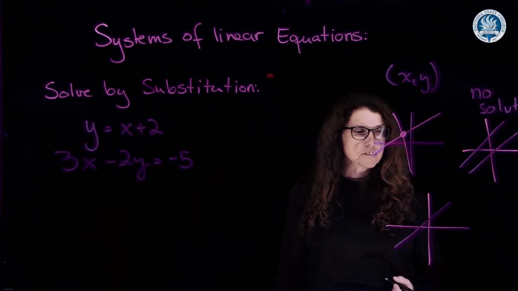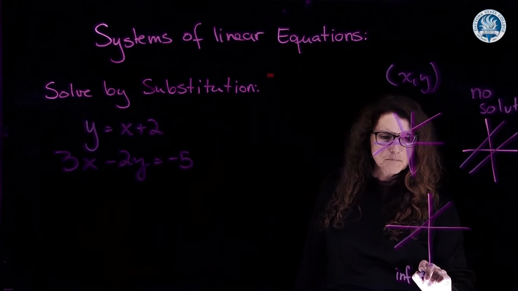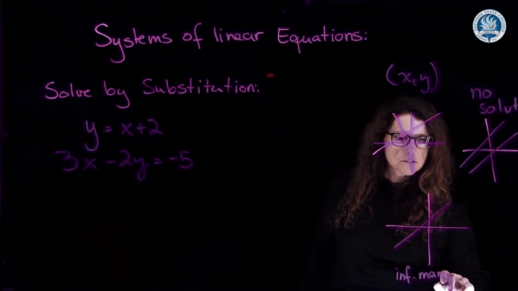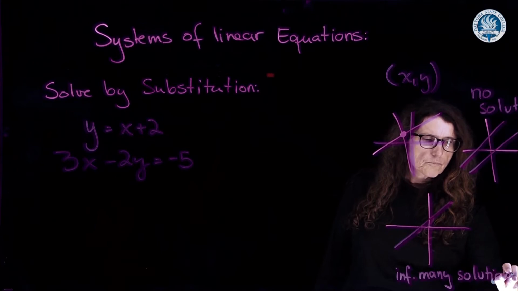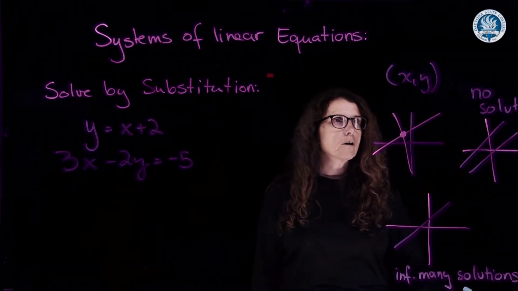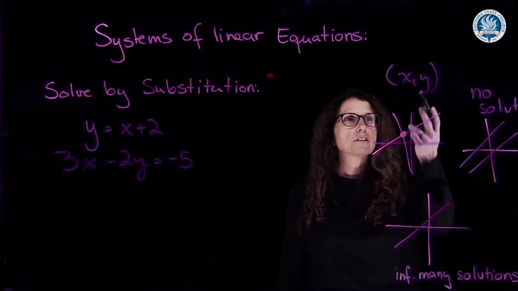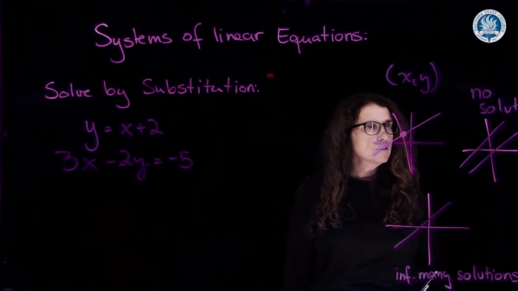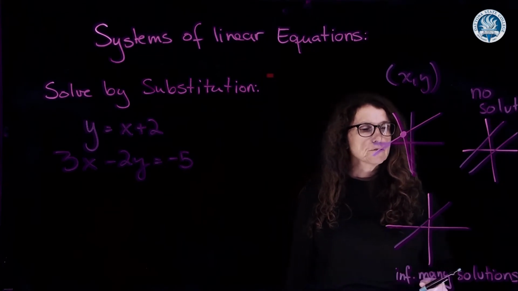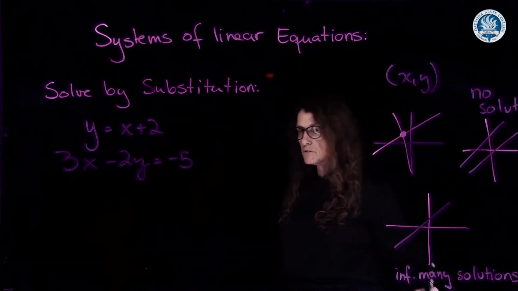It's called coinciding, and you have infinitely many solutions. Of course, the most common one is where the lines intersect and you get some kind of ordered pair, but be careful. Sometimes you have no solution, and sometimes you have infinitely many solutions.